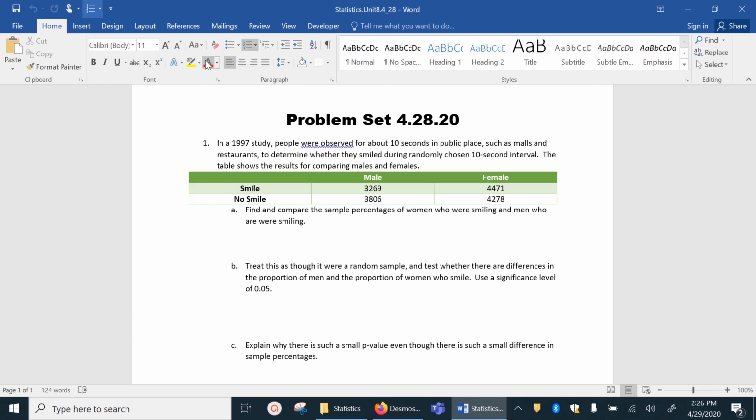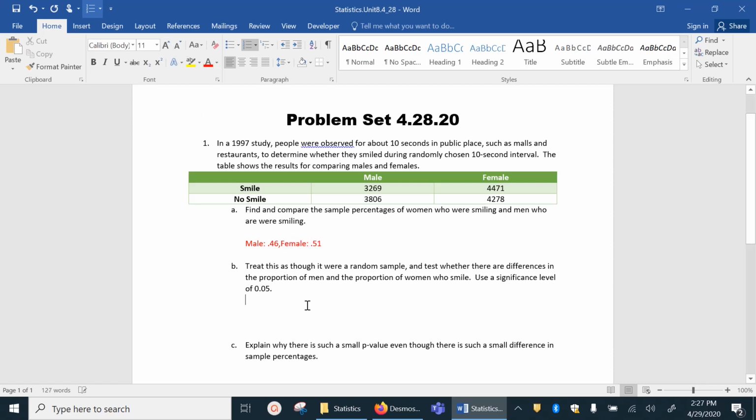So I'm going to write 0.46 and 0.51, and I'm going to say this was male and this was female.